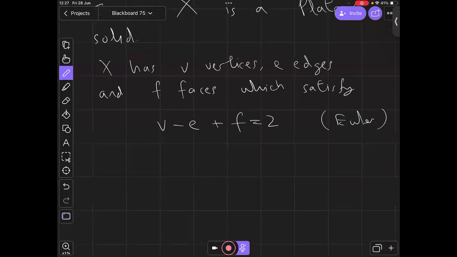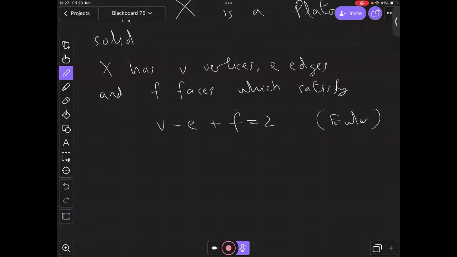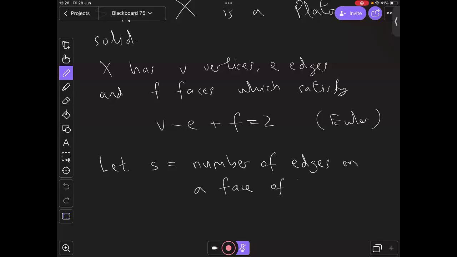Now, let's leave that aside for a second. I need to introduce a couple more terms. So let S equal the number of edges on a face of X. Remember, to be a Platonic solid, all the faces have to be the same.